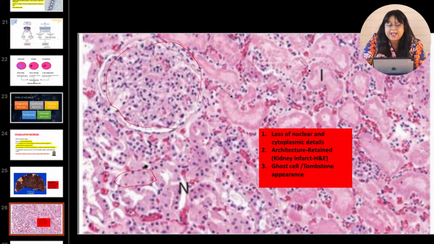As you can see, I have put a thin arrow here which is showing the infarct side of the kidney, wherein you can appreciate there is loss of nuclear and cytoplasmic details. However, the architecture is maintained, and this appearance is also known as tombstone appearance or ghost cell appearance.